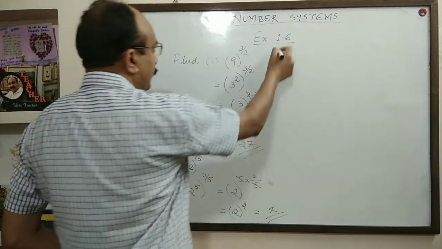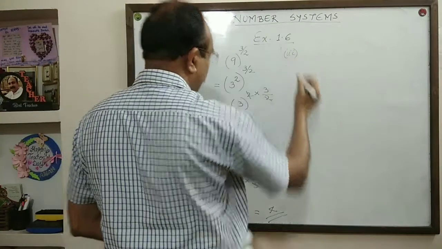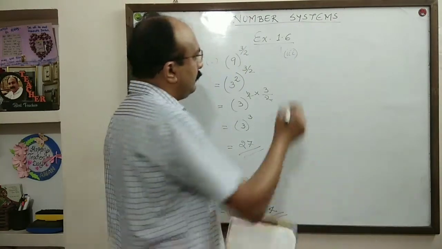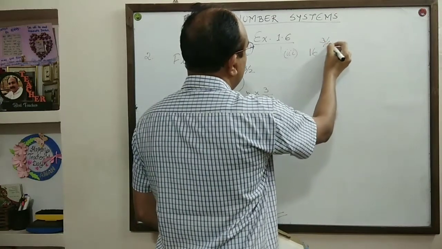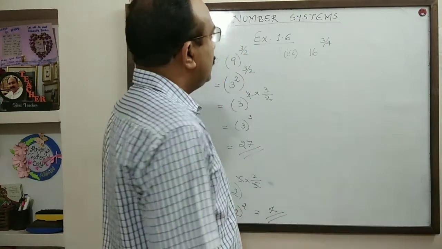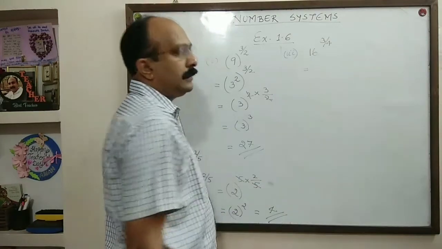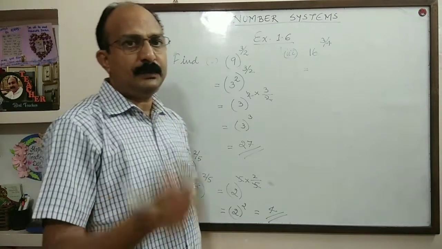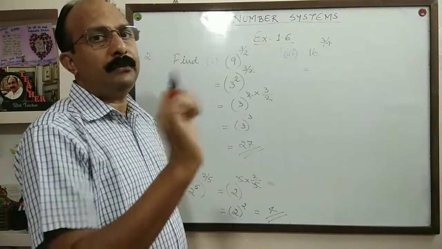Now question number 3. Find the value of 16 raised to 3 upon 4. The denominator of the exponent is 4, so 16 must be expressed as something power 4. 16 is 2 power 4.